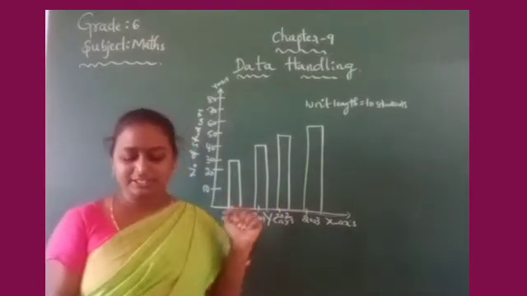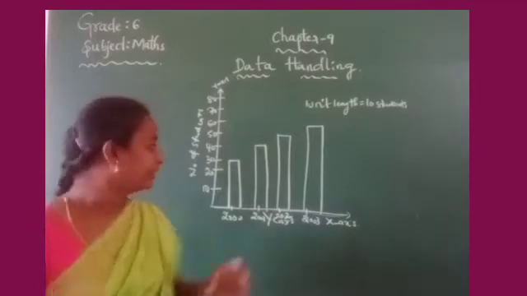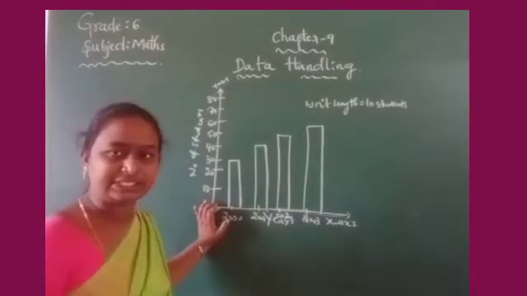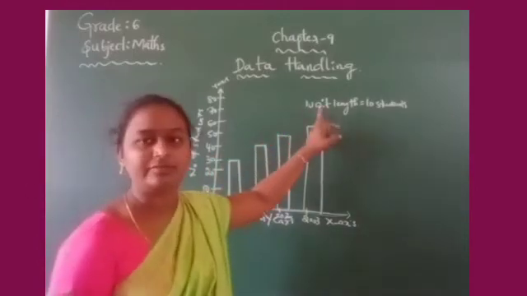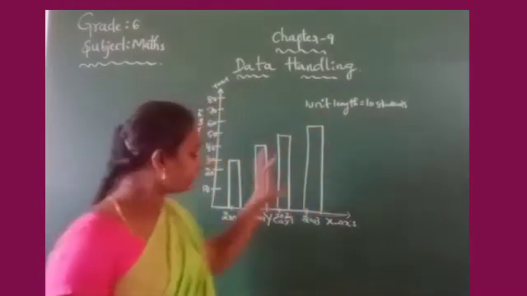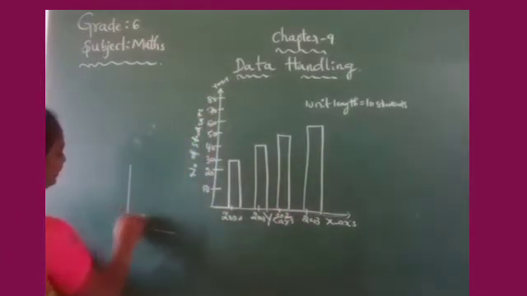First question: what is the scale of this graph? In this graph the scale is 1 unit length equal to 10 students. In your graph you may see the square box divided into 10 lines. This square box is considered as 1 unit, and 1 unit length is equal to 10 students.